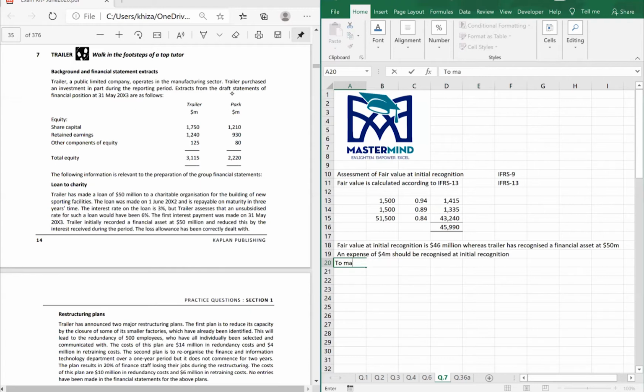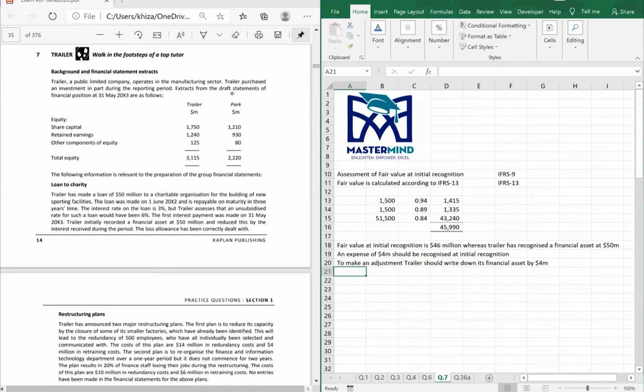The trader should write down its investment, or you can say its financial asset, by $4 million.